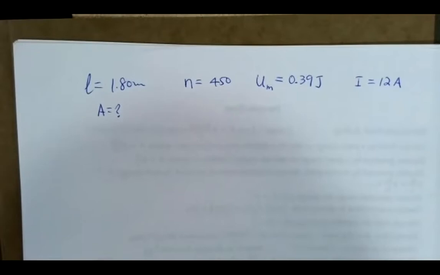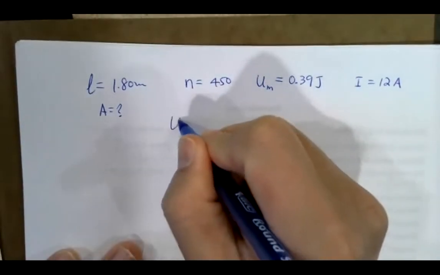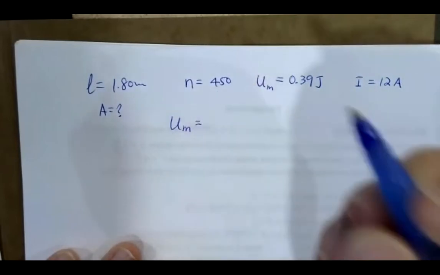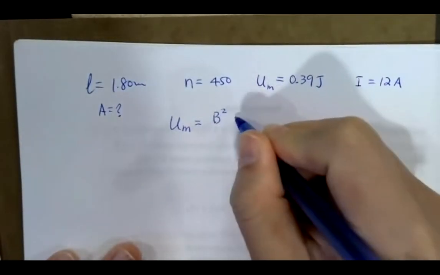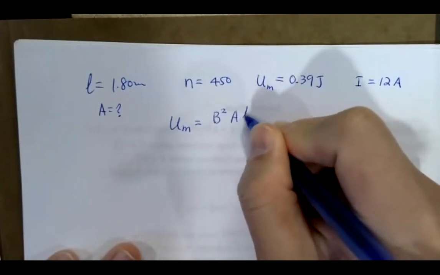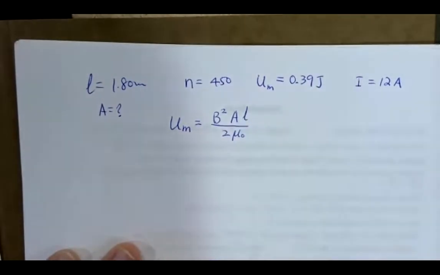So previously, we know that the energy stored in a solenoid or a magnetic field is equal to B squared times A times L divided by 2 mu naught.